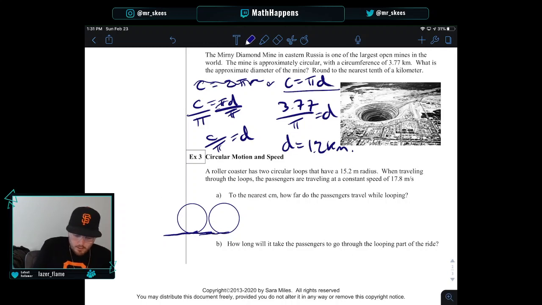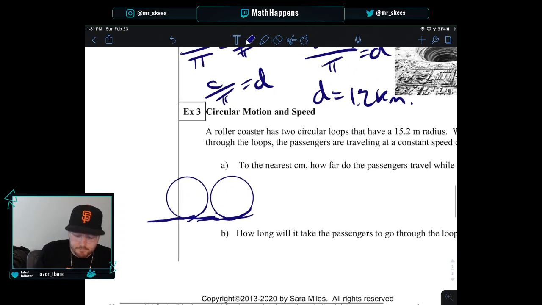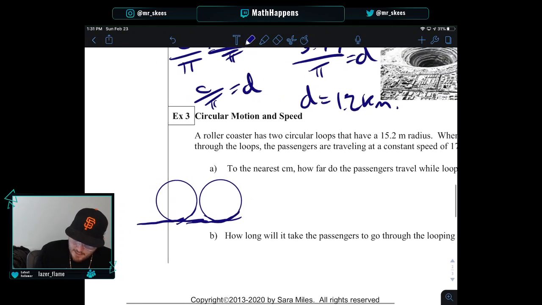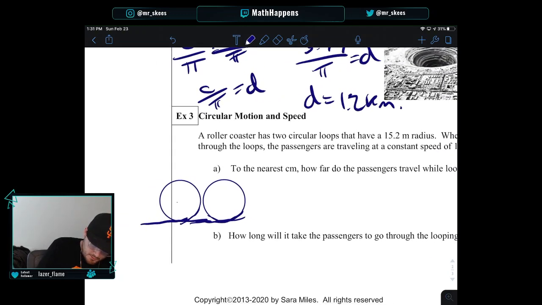Loop to loop, and what does it say? They have a 15.2 meter radius.